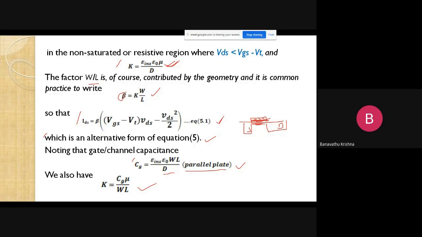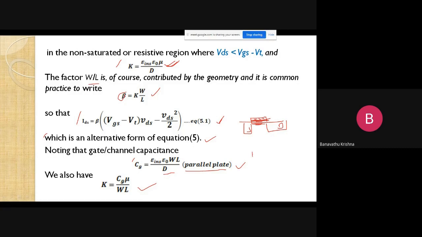Here K equals epsilon insulation, epsilon naught, mu by D. Here Cg equals epsilon insulation, epsilon naught by D into WL. So epsilon insulation, epsilon naught by D equals K by mu.